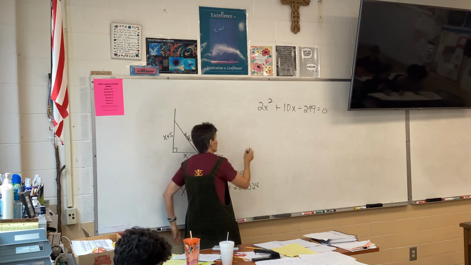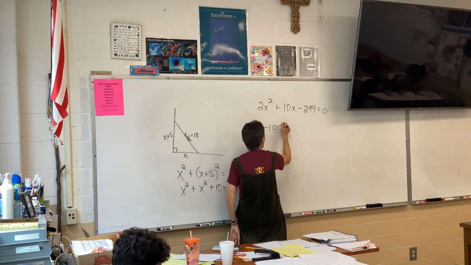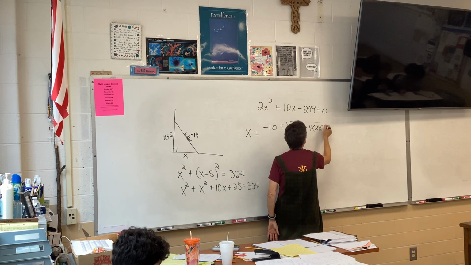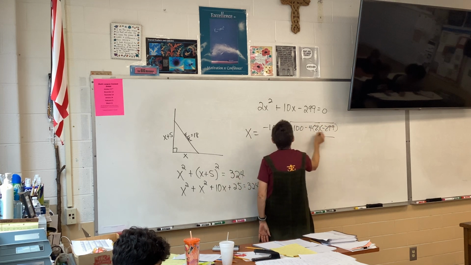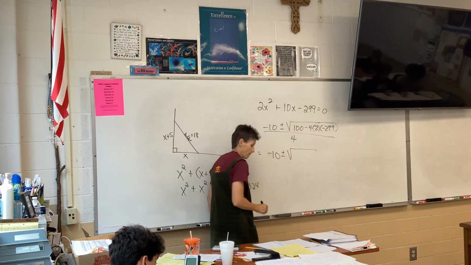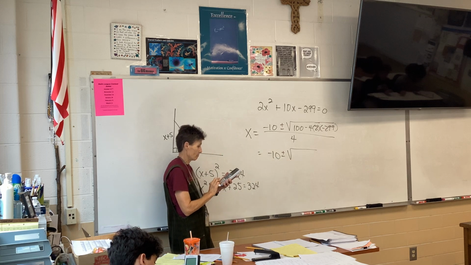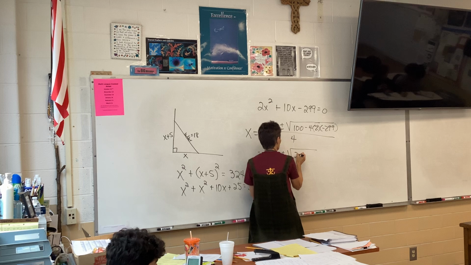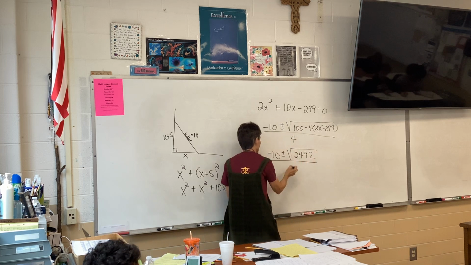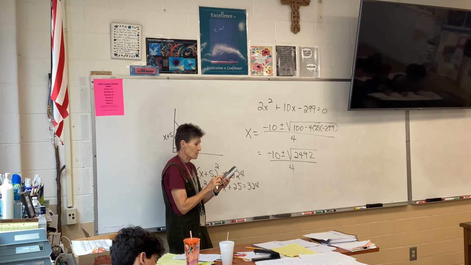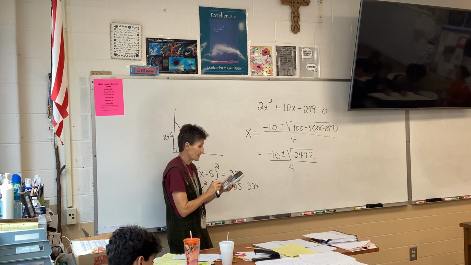All right, here we go. X equals negative 10 plus or minus the square root of 100 minus 4 times 2 times negative 299, all over 4. That's 2,492, which I don't believe is a perfect square, so we're going to need decimals for this one.